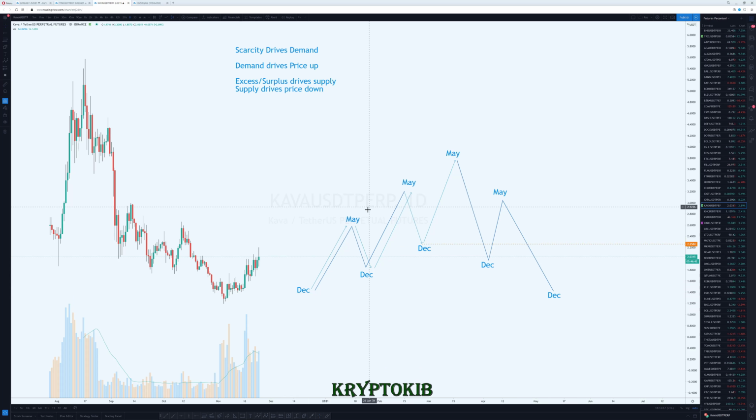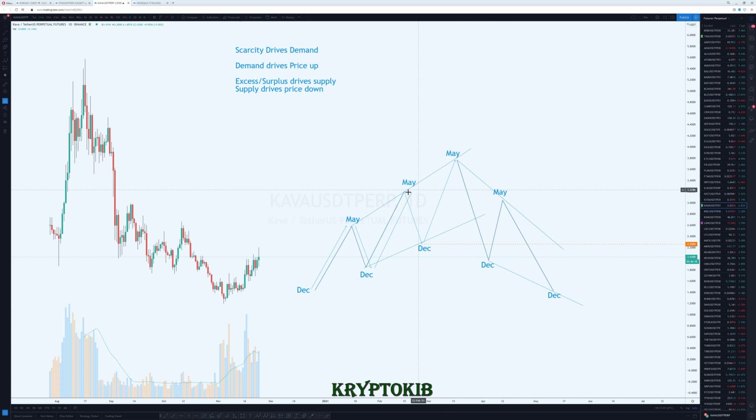So market structure is a series of higher highs, like these higher highs, so let me connect them, and then lower highs like we have here, then a series of lower highs like we have here, and then lower lows like we have there.